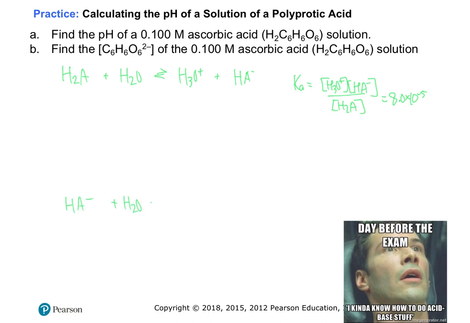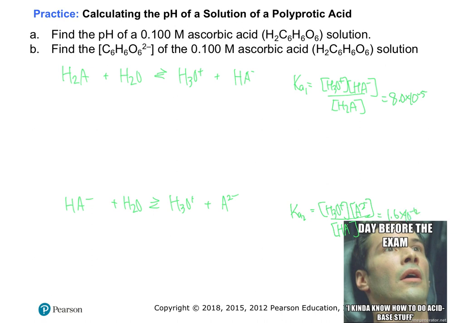Let's also write the second dissociation while we're at it. HA minus, so that's ascorbic acid that's been deprotonated once. Let's deprotonate it twice. We get hydronium plus A2 minus. So Ka2 equals hydronium times A2 minus over HA minus, and that equals 1.6 times 10 to the negative 12.